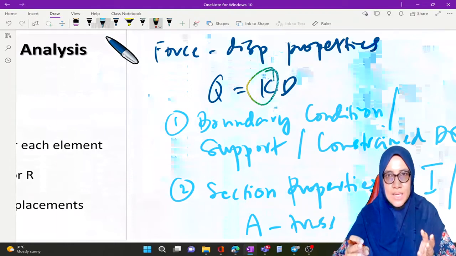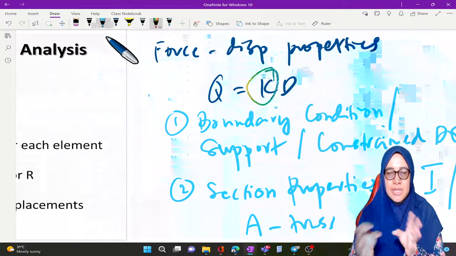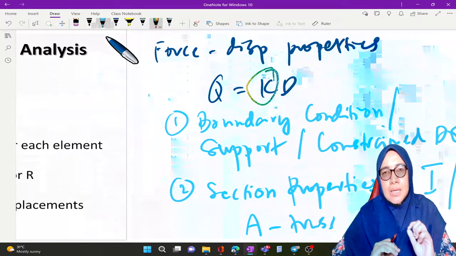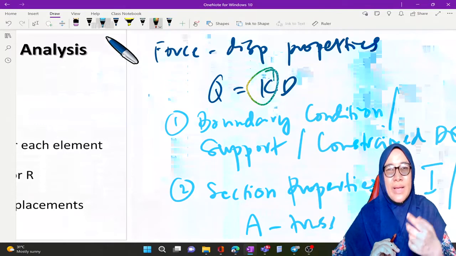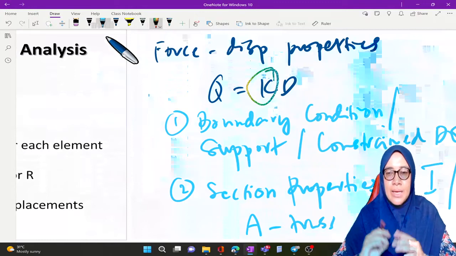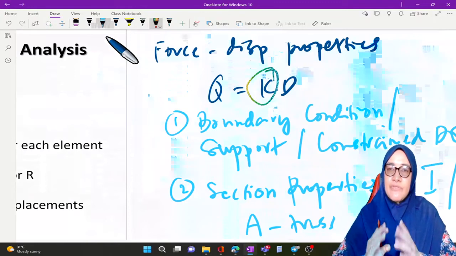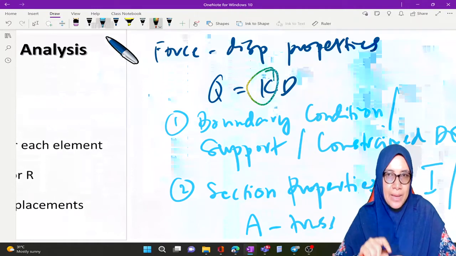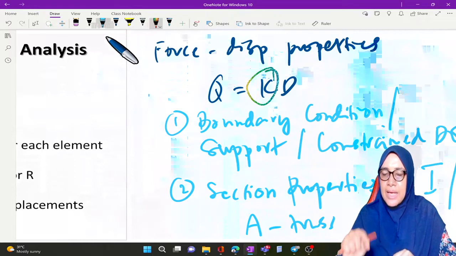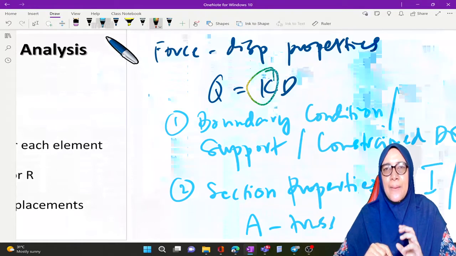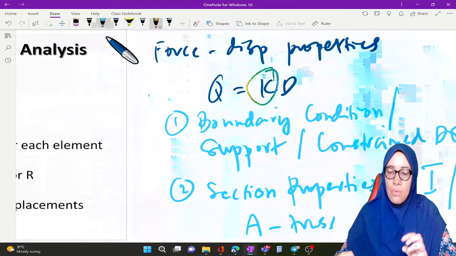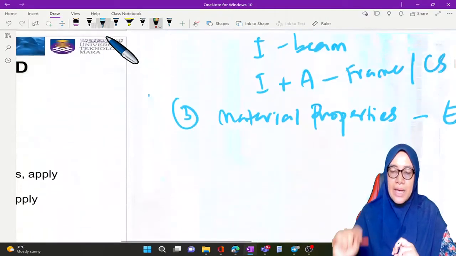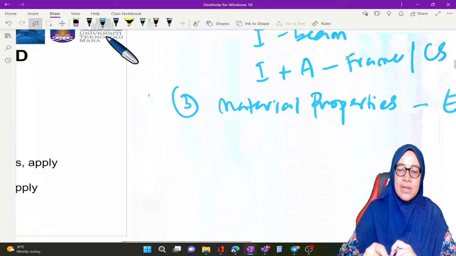In the stiffness method, the coefficient to relate Q and D is K, and K is the structure stiffness matrix.